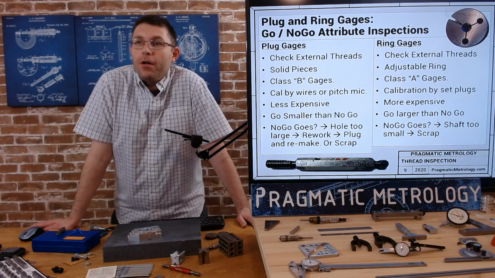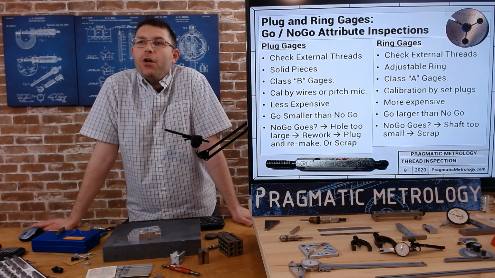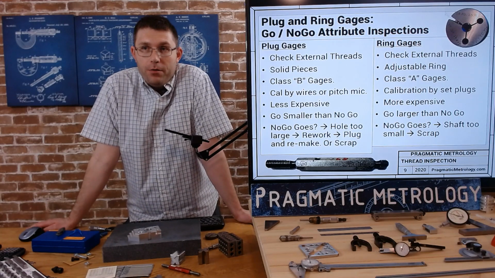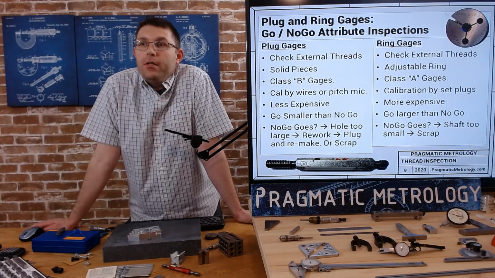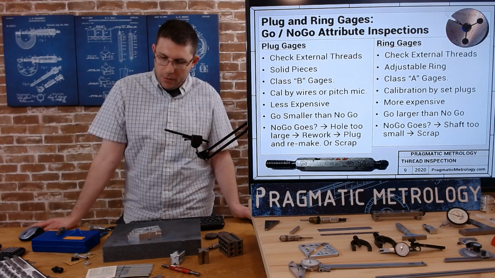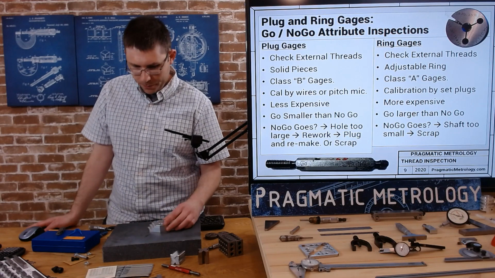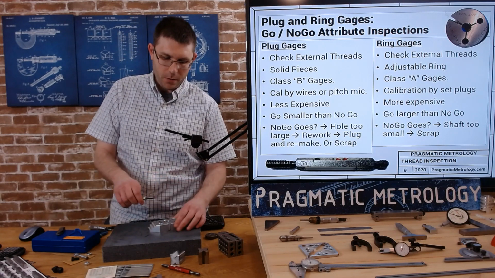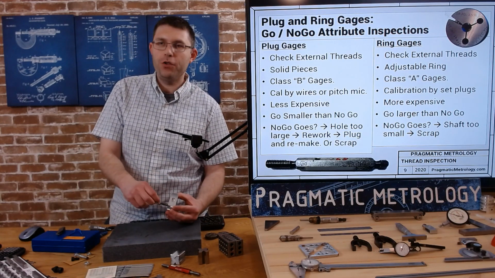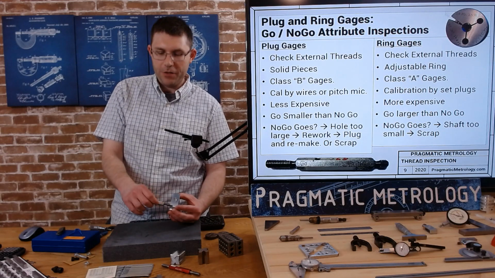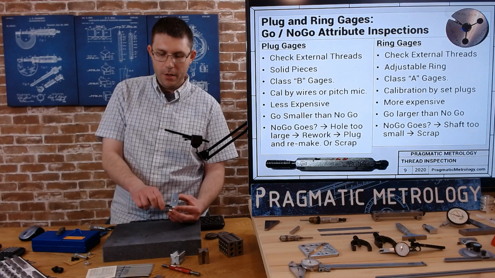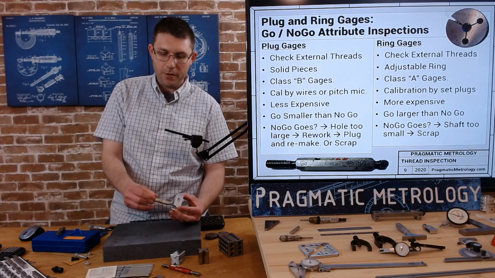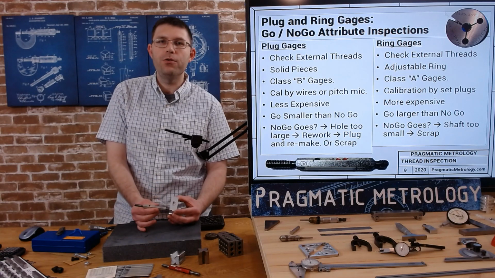Next up on our list, with plug gauges, your Go is smaller than the NoGo, so your Go will go in. Let's explore that. If your Go fits into a hole, that's good, right? Because your Go is smaller than your NoGo. If your NoGo also fits into the hole, your thread is too large, right?